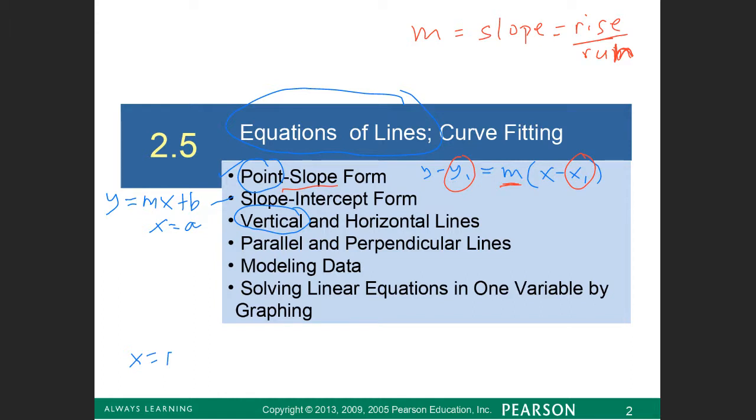So when you draw the graph, you have the y-axis and x-axis. Just find the value for x, which is 1, and the line should be crossing at that point. So that should be a vertical line, which is x is equal to a.